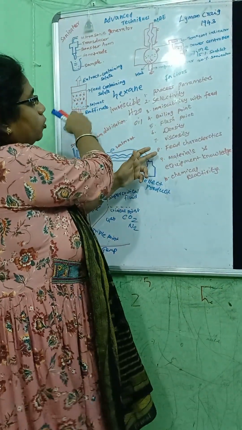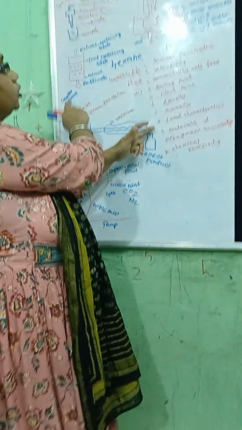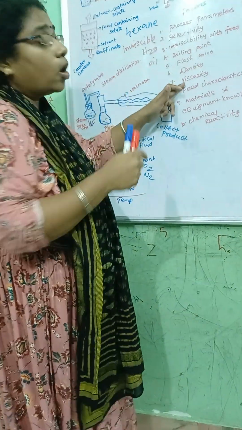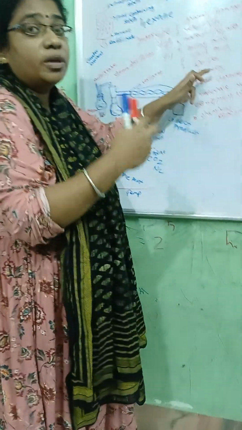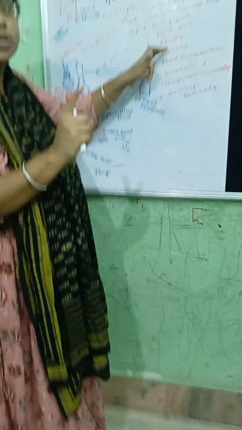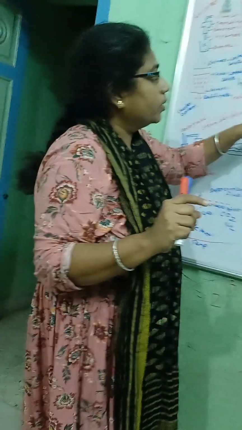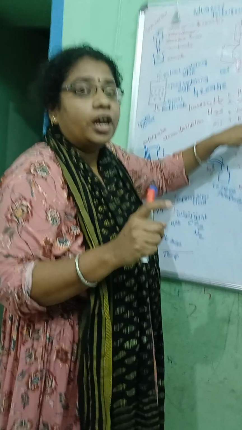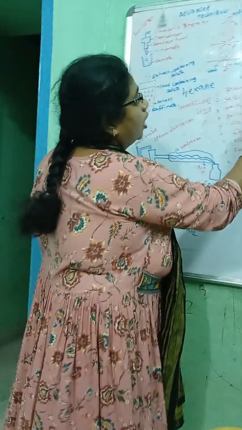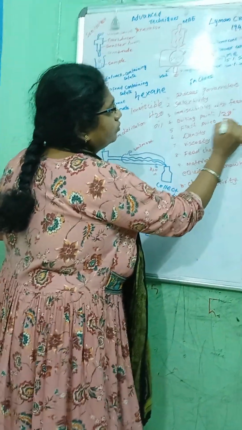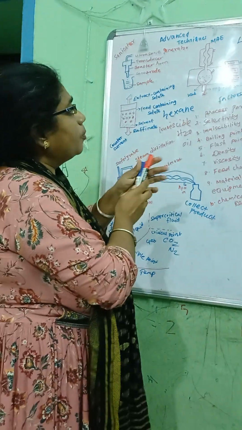The feed you are using is also responsible for getting the drug target, and viscosity means the semi-solid nature. Then boiling point: at the critical boiling point, for example hexane is nearly 120 degrees. If it is beyond that, the product will be affected.